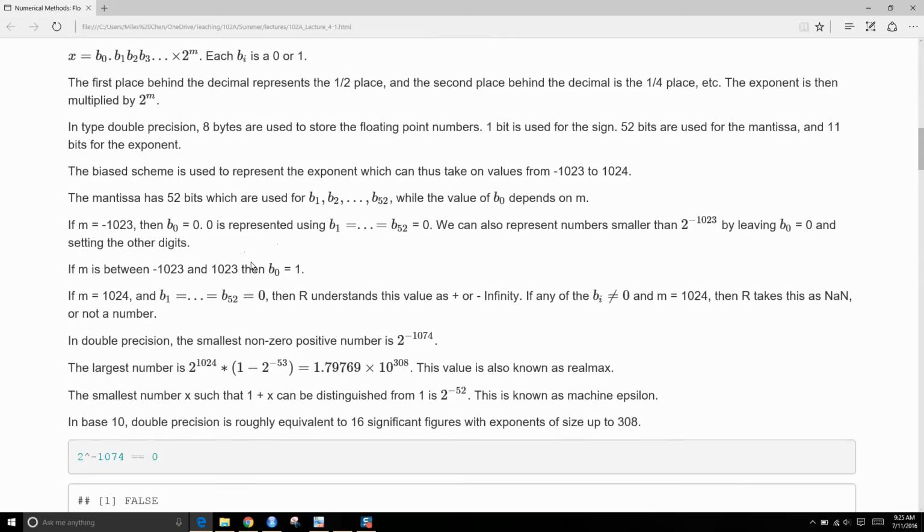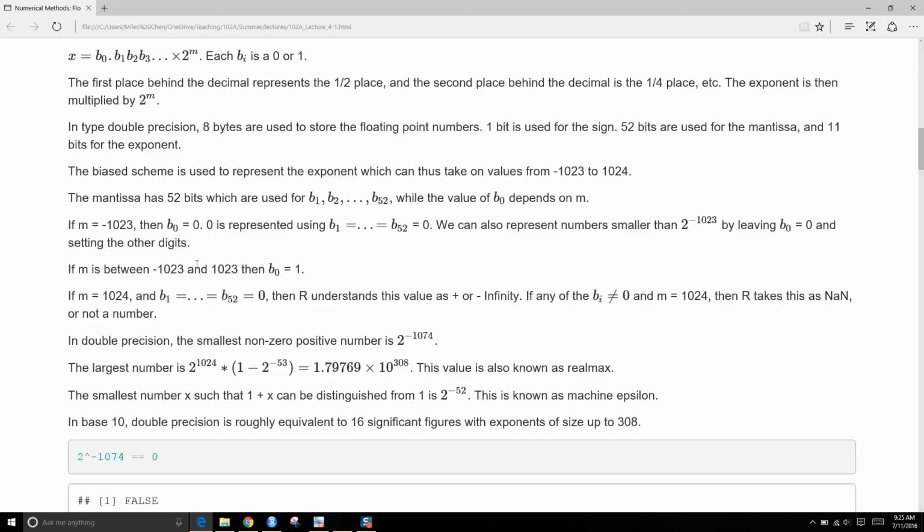So if you have any other number other than negative 1023, then you've got the first placeholder equal to 1. Okay?